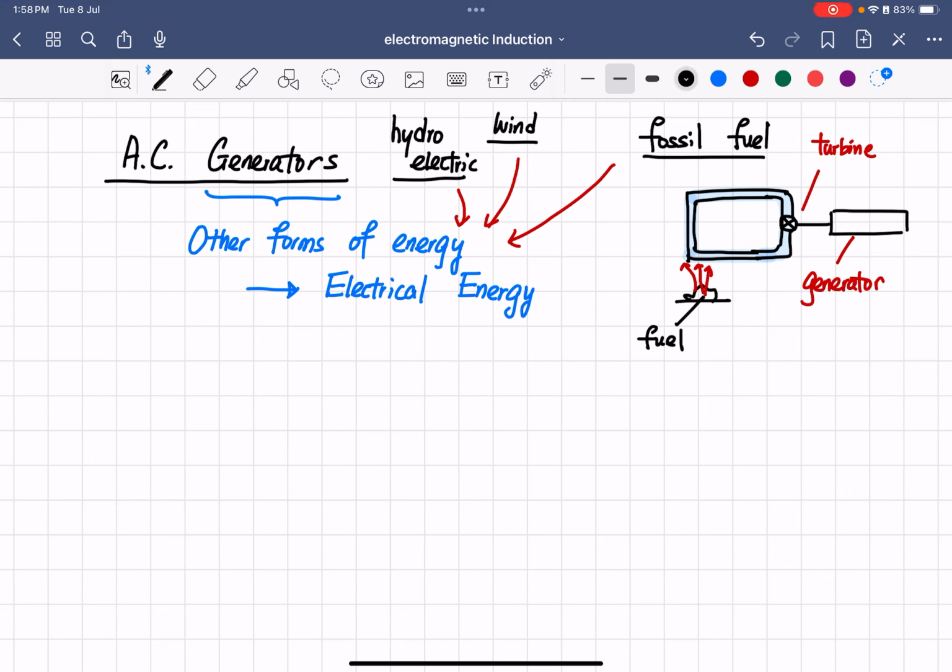And the one we will talk about here is electrical energy in the form of AC. So this is another part, alternating currents. If you remember, alternating currents are the type of current that varies over time.